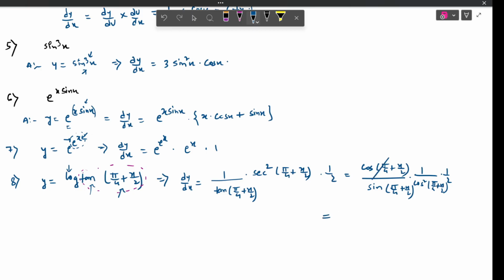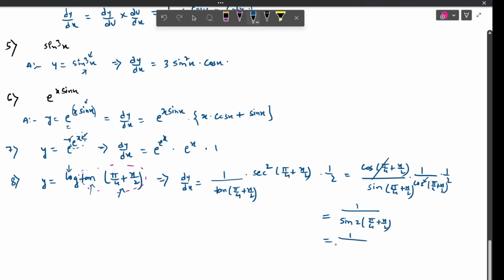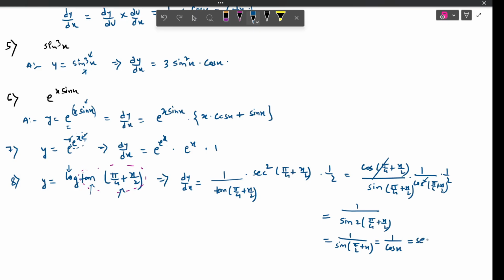So one cos cancels out. So 2 sin a cos a, that is sin 2 theta. So sin 2 theta, that is sin of pi by 2 plus x. This means 1 by sin of pi by 2 plus x. What is 90 degree plus theta? That is cos theta. So 1 by cos x. That is sec x. So the answer is sec x.